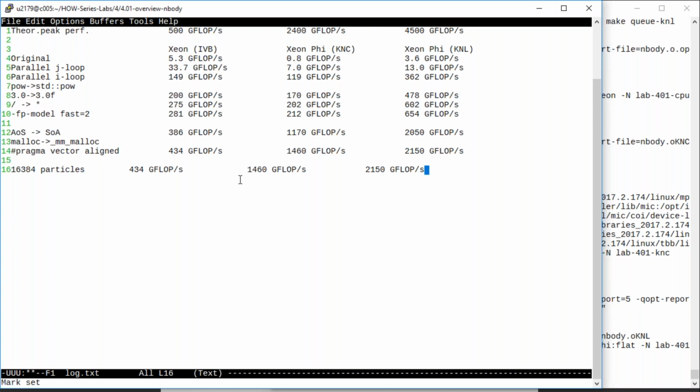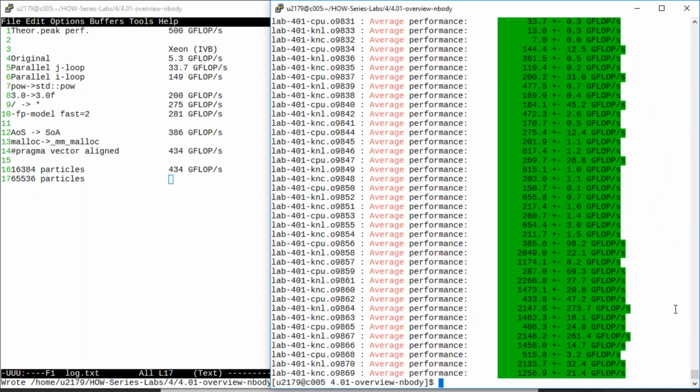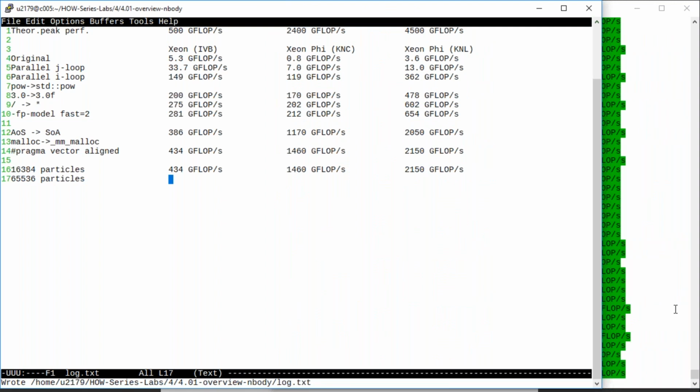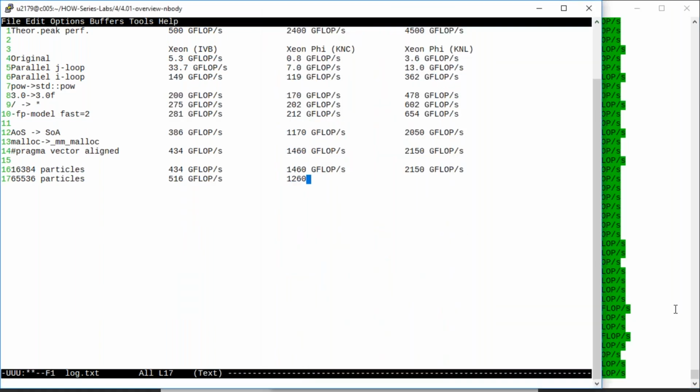Now we are running a measurement for 65,000. And we are getting, well, on the CPU the performance increased, 516. On Knight's Corner 1260.